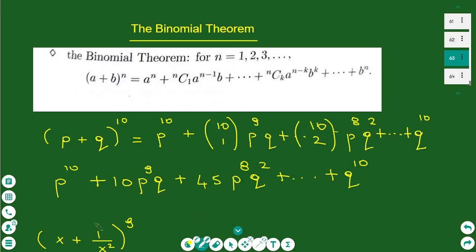The next one has two terms, (x + 1/x²) to the power of 9.